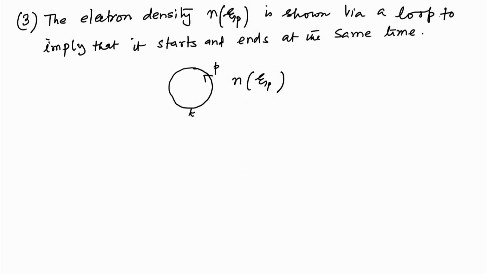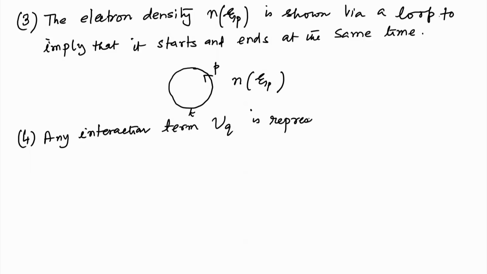Fourth, any interaction term V q is represented by a wiggly line.